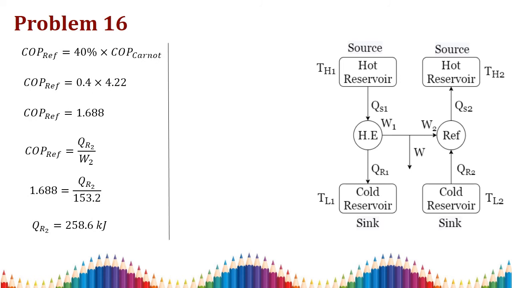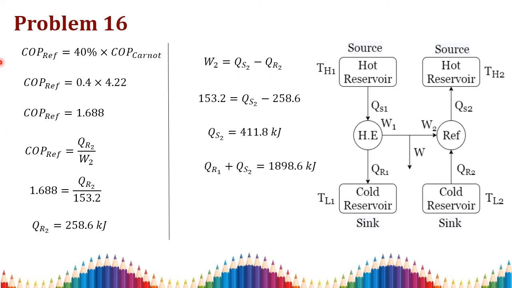Then you apply the same principle for your refrigerator condition. Again, COP Carnot is your maximum COP of the refrigerator, but we need to assume it is only 40% efficient. So you have to multiply 0.4 into the maximum COP value that we found in the previous case A. Then your new actual COP of the refrigerator will be 1.688. Then we know that the COP of the refrigerator is the ratio of heat rejected divided by work done.